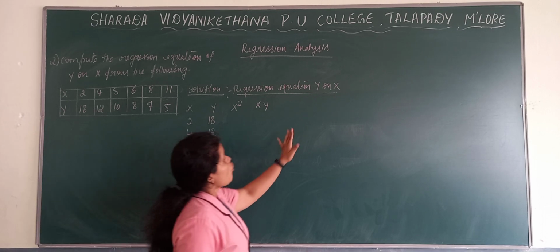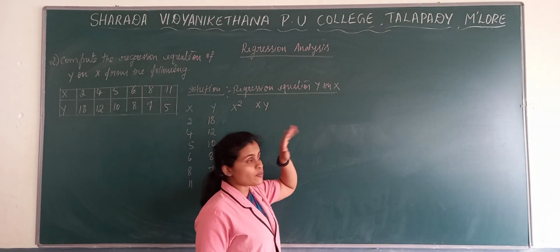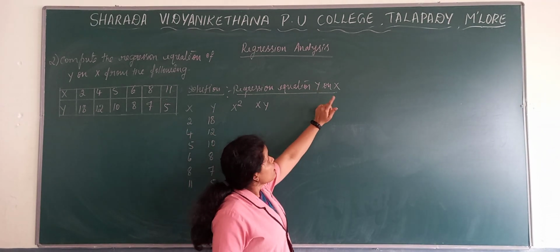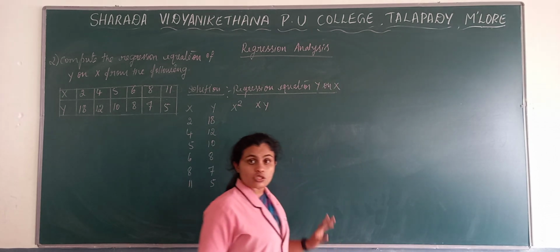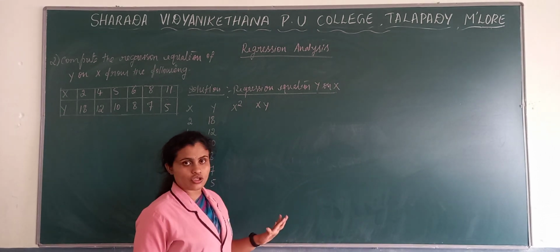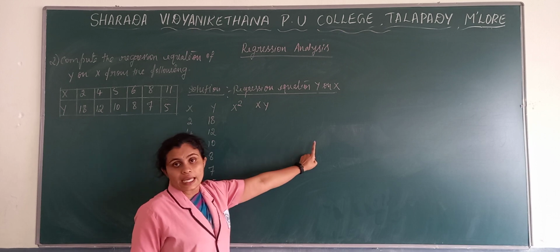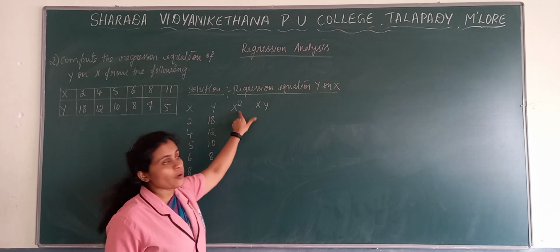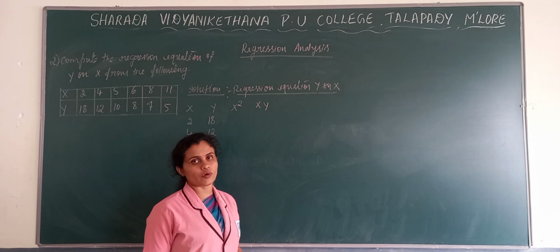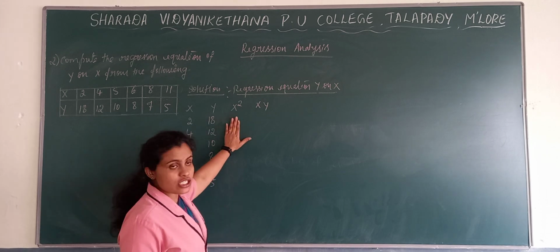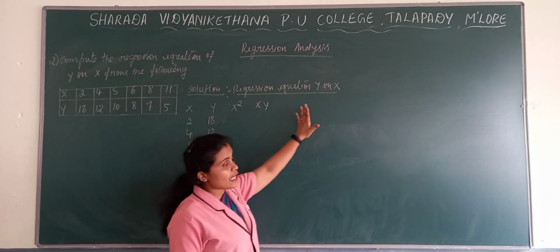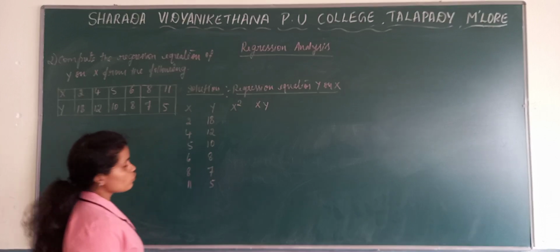Since it is y on x, we are finding the value of y and we will know the value of x, so we need x square. If it is x on y, we need y square and x into y.